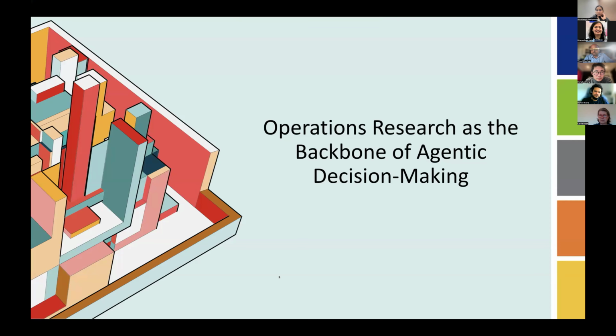I'll be discussing a critical convergence in AI architecture now, using operations research as the backbone of agentic decision making. As we are moving from chatbots to agents that take action, we need systems that rely on more than just probability.